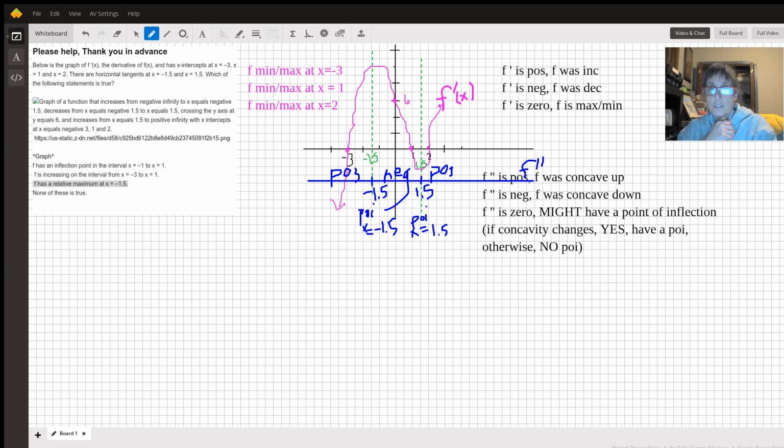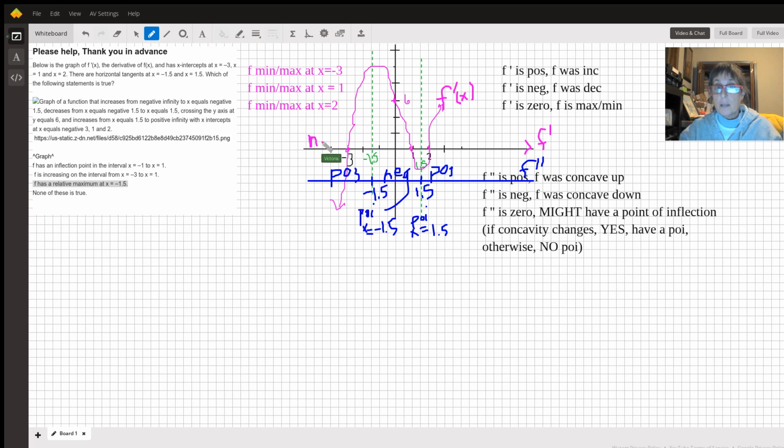Now, let's see if we have enough information to, well, let's make this a sign line while we're at it. Okay, notice if this is the sign line for the first derivative, just the first derivative, it is negative up until here, right?